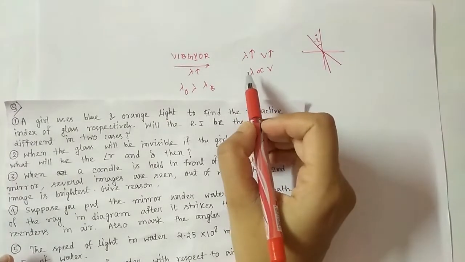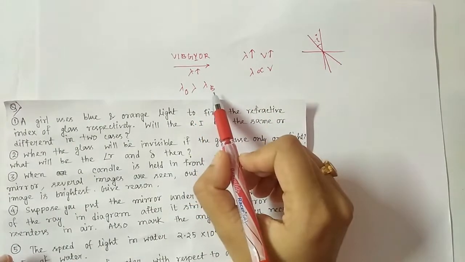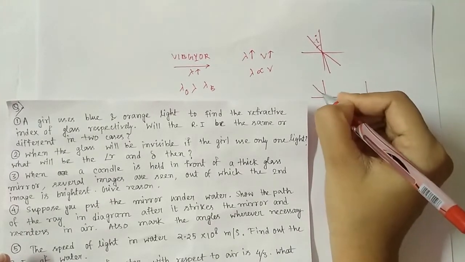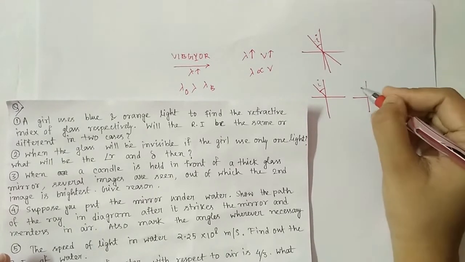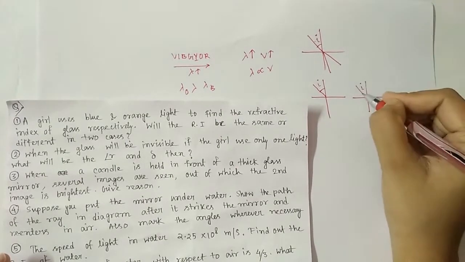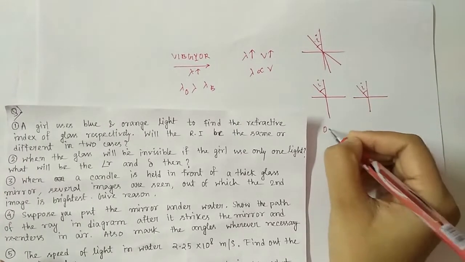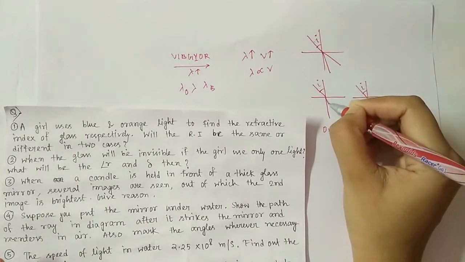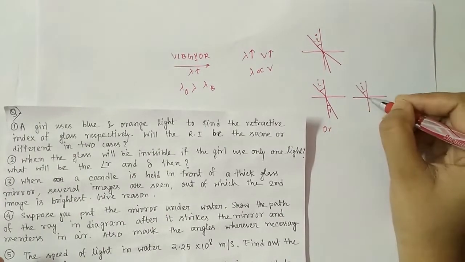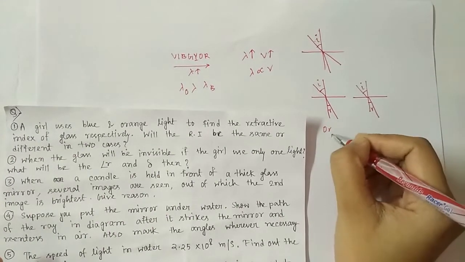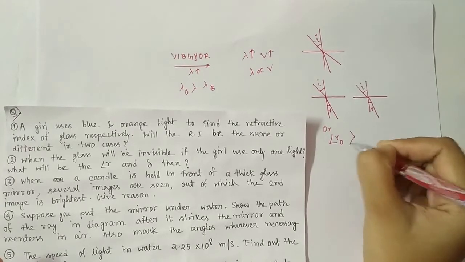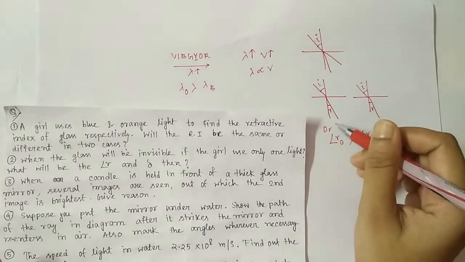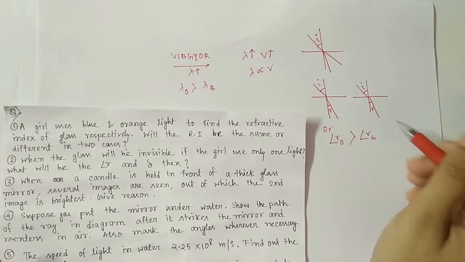So in this case, as the wavelength changes from orange to blue, if we draw their pattern, we can see that the angle of incidence is the same for the two lights, suppose. For orange, as the velocity of light is greater than that of blue, the angle of refraction for orange light is greater than the angle of refraction for blue light, because the velocity is greater for orange light than for blue light.